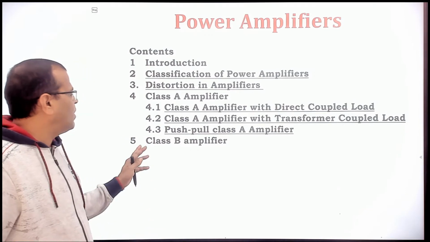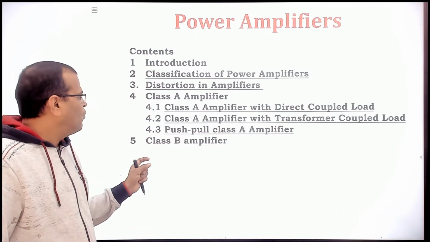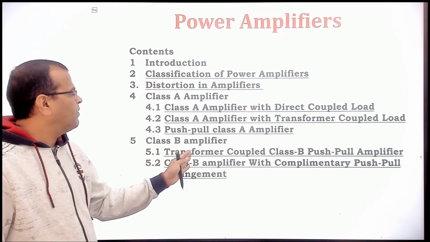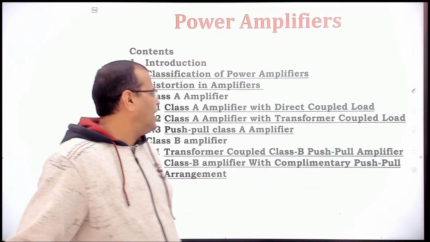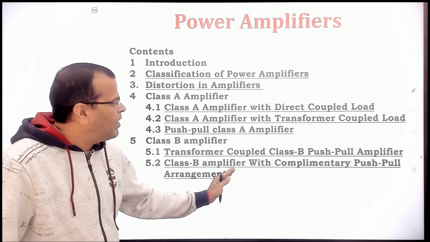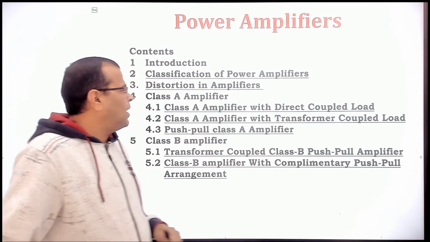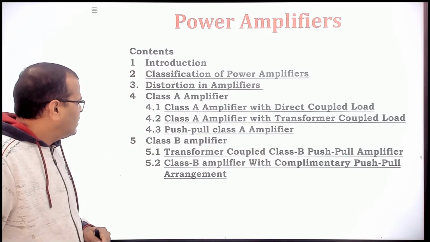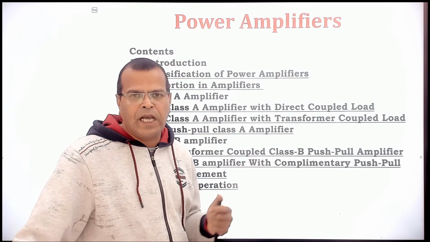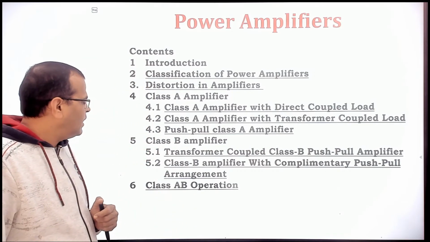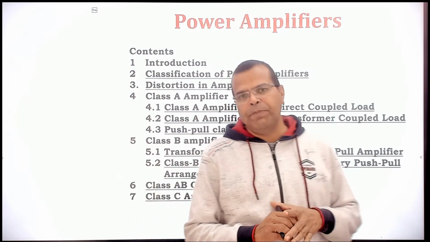Then I'll be talking about class B amplifier, and in class B amplifier we have again two types of amplifiers, that is transformer coupled class B push-pull amplifier and class B amplifier with complementary push-pull arrangement. We will see these amplifiers one by one, and then I'll be talking about class AB operation, that is class AB amplifier, and lastly we will talk about the class C amplifier.